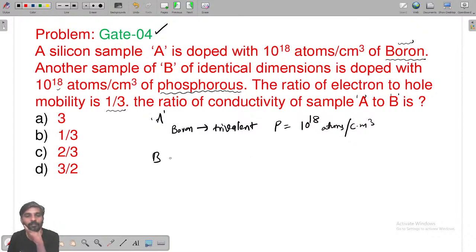Next, sample B is doped with phosphorus, which is pentavalent.